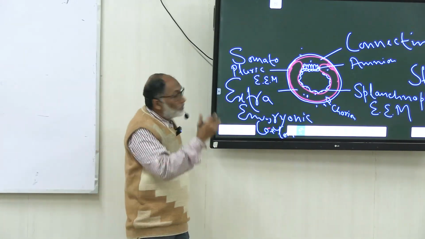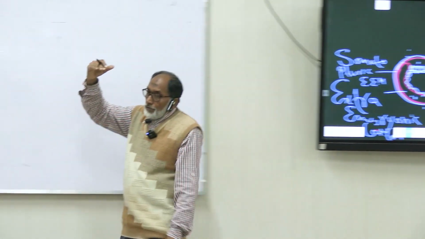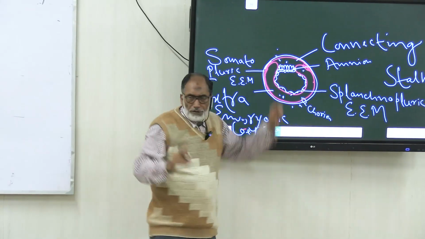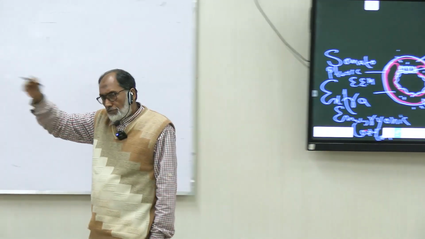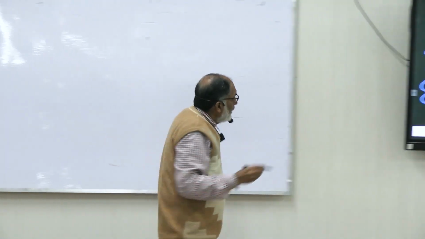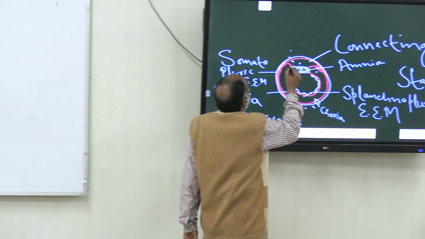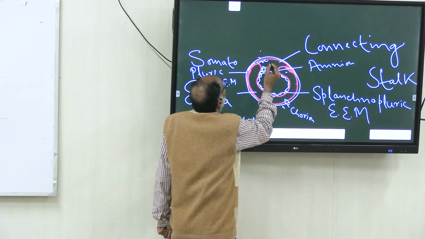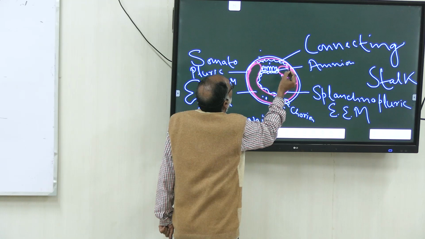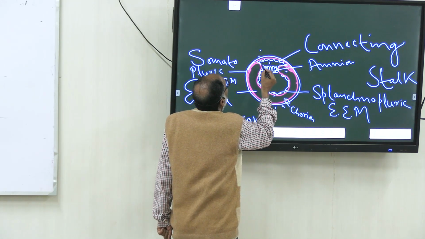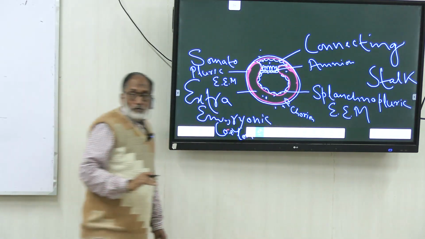Now just below the connecting stalk, here there is one cell layer. I could not draw it. That cell layer is the amniogenic layer. There was a layer here, the amniogenic layer.